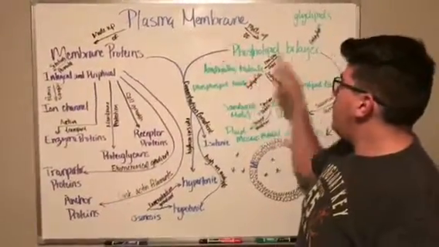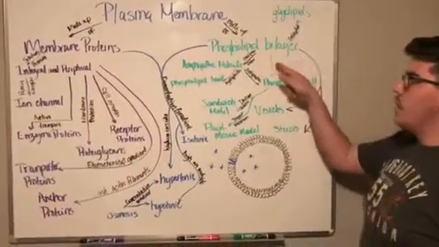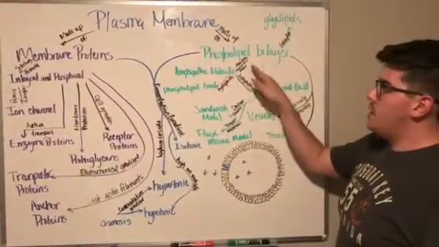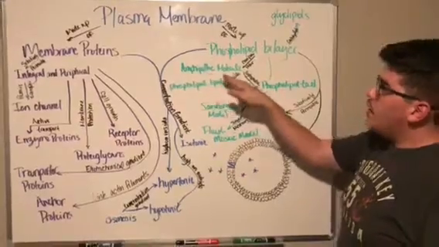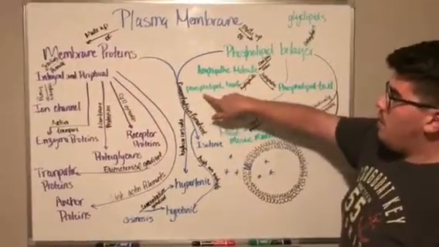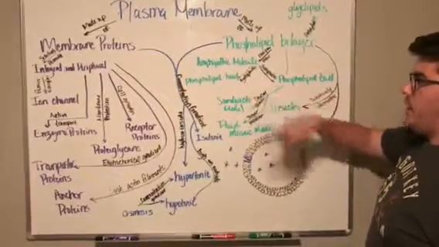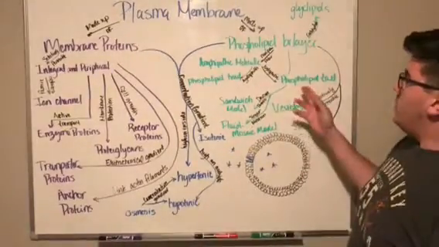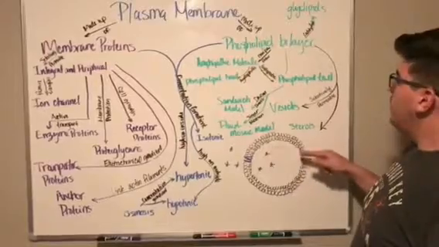If we go here, the phospholipid bilayer consists of amphipathic molecules that have nonpolar and polar parts. The phospholipid head is hydrophilic, the phospholipid tail is hydrophobic.